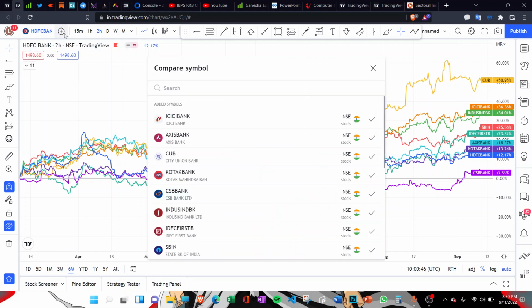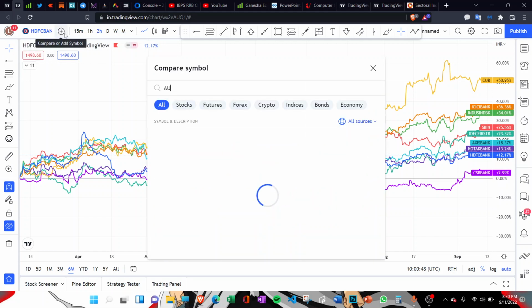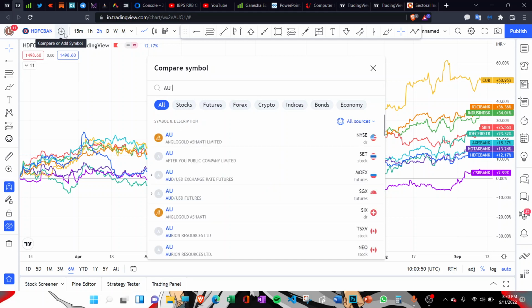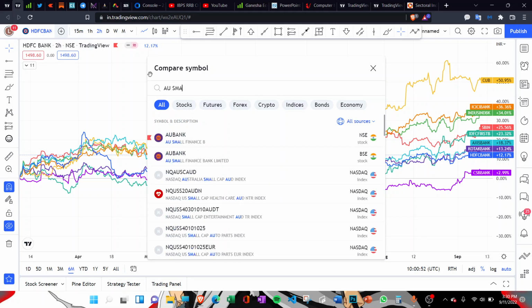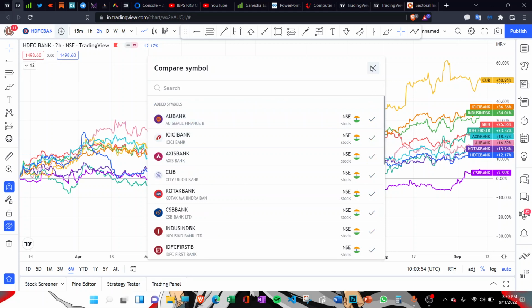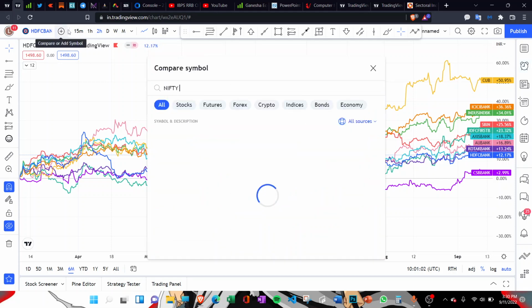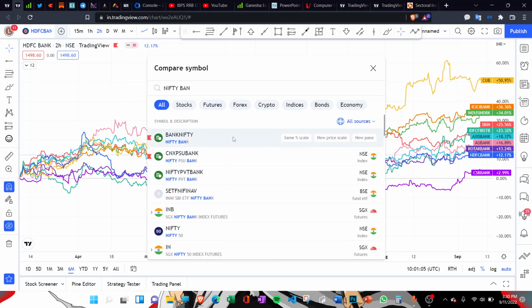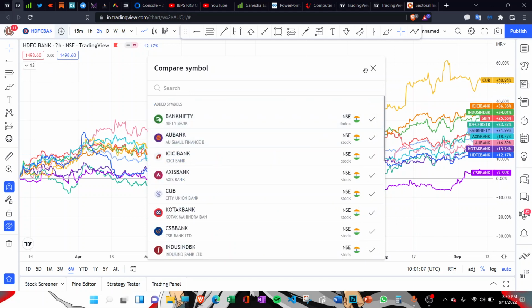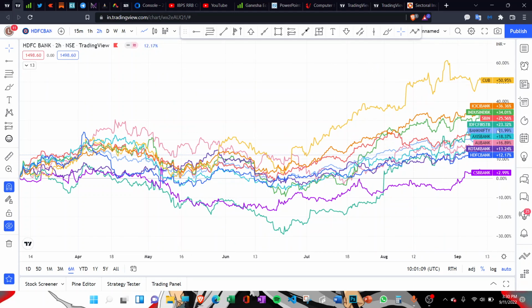Let's add a few more names. Let's take a look at AU Small Finance Bank. So it also has not performed that well. Let's take our benchmark index, the Nifty Bank, to compare the stocks that are outperforming the sector as well.